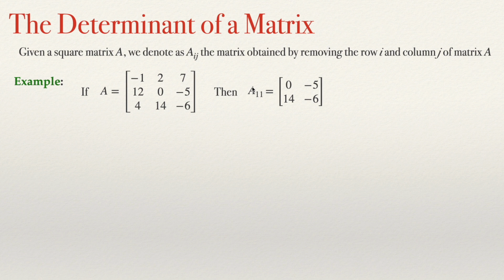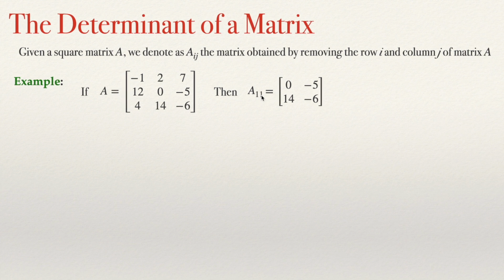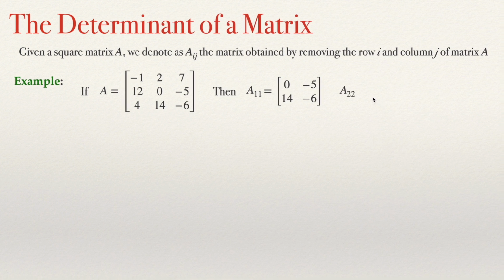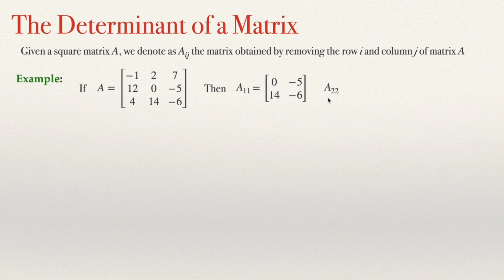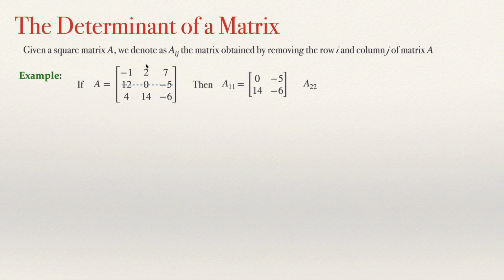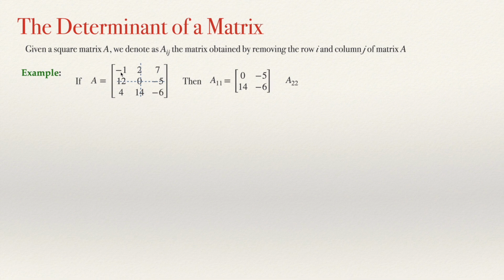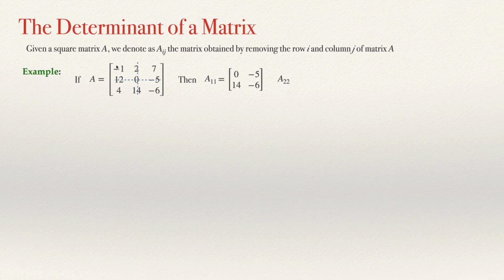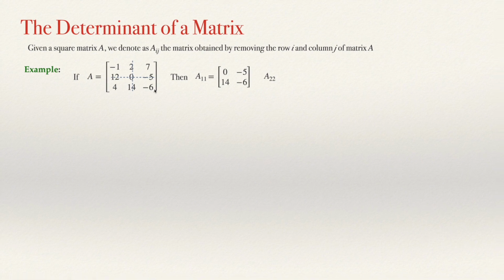We are using the same capital letter, and here we are writing the row and the column that we are removing. With the same matrix, what will be A sub 2,2? It will be another matrix in which we remove the second row and the second column. If we do that, we obtain a matrix with the entries -1, 7, 4, and -6.